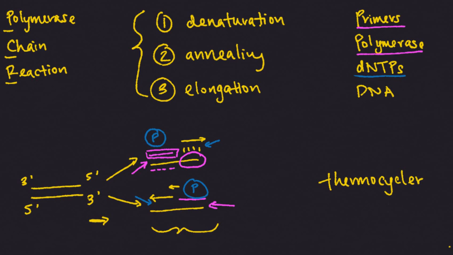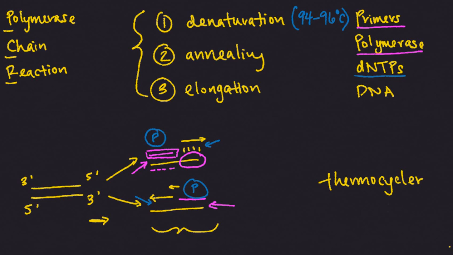Denaturation, I just need to make it really hot, because DNA is a very stable molecule, but I need to split up that DNA. So I need to increase the temperature to a very high amount. A usual temperature that's used for denaturation is about 94 to 96 degrees Celsius. Now, after I've split up the DNA, I need to anneal it.